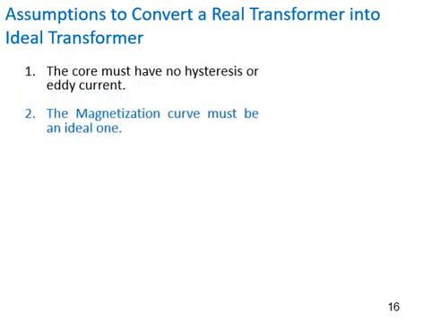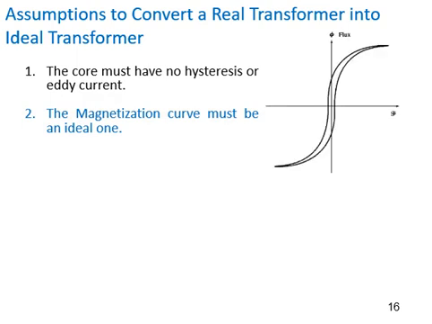Assumptions to convert a real transformer into an ideal transformer. So the core must have no hysteresis or eddy current. Another assumption, the magnetization curve must be an ideal one.